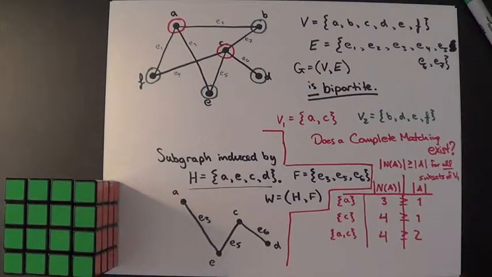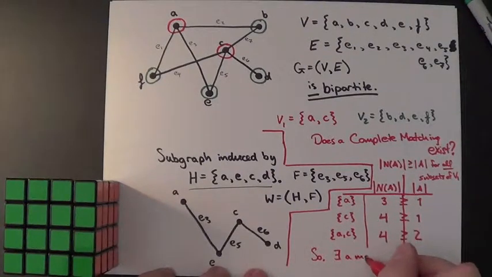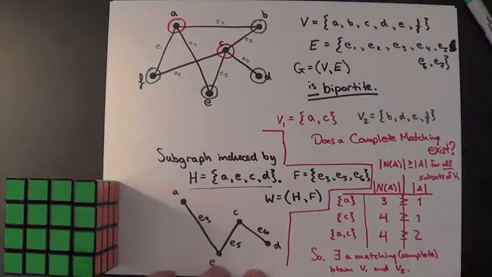Thus, there does exist a matching. A complete matching, sorry, between V1 and V2. So, now the question becomes, what is that complete matching?